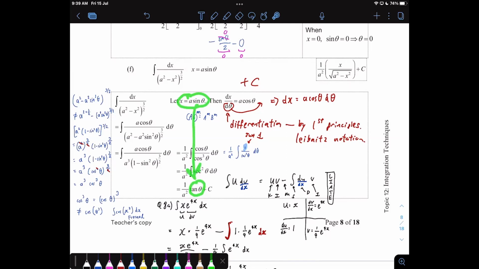How do you link them? Like sine over cosine. Then how do you find cosine theta in this case? You got x equals a sine theta. How do you get cosine theta, so that you can take sine over cosine?